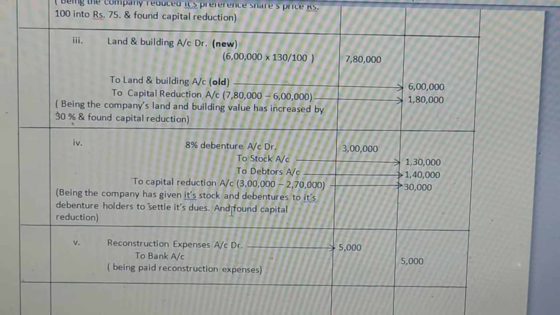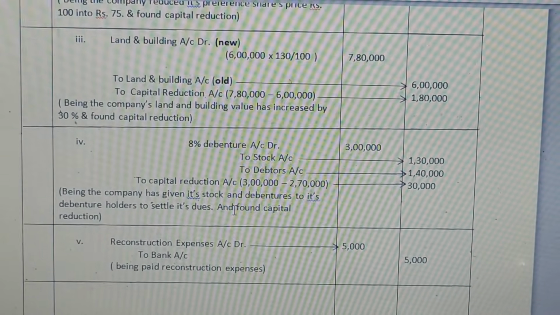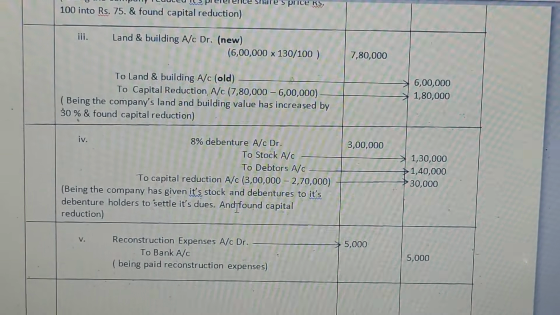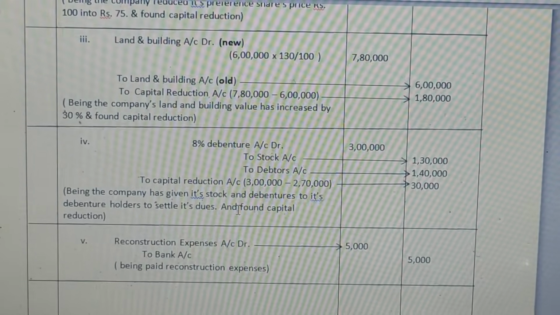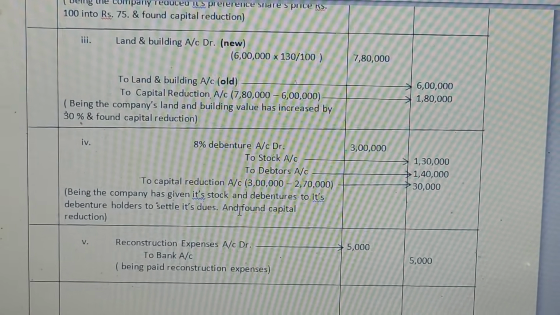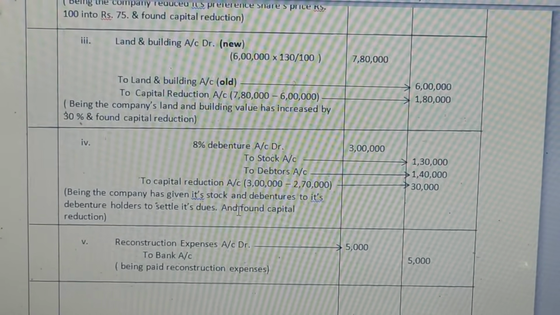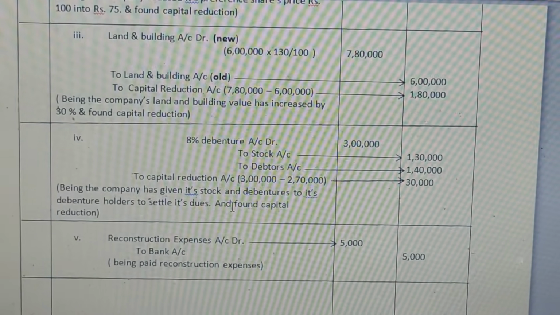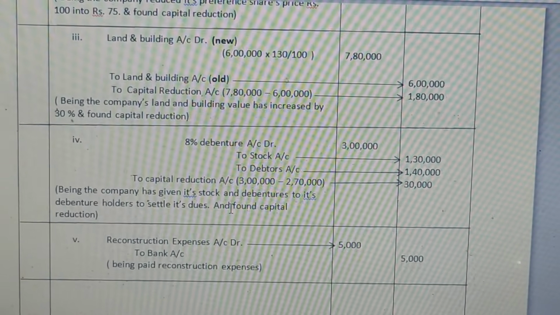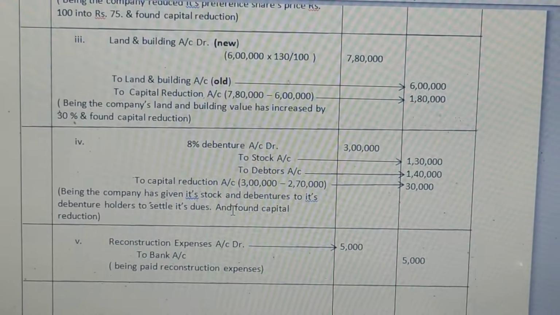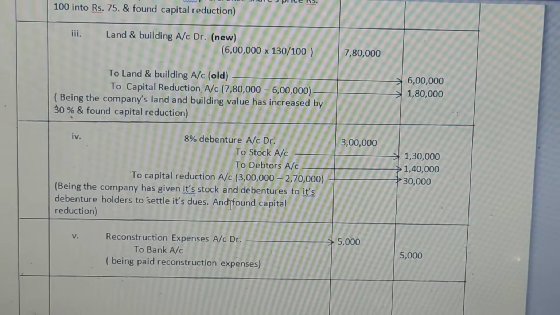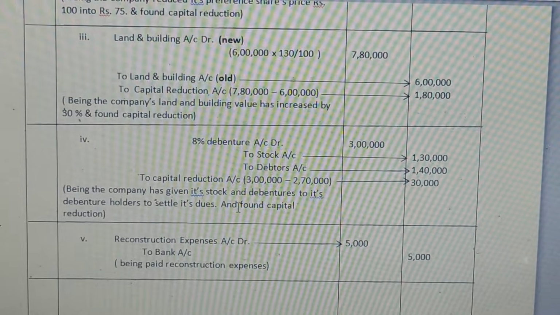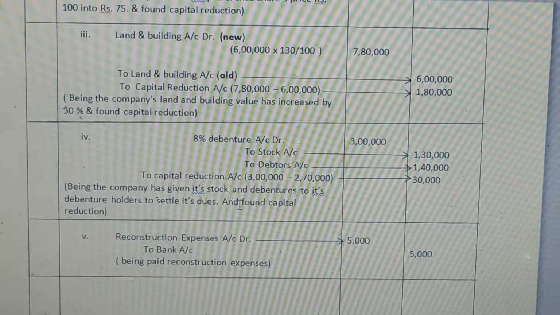In bracket, being the company has given its stock and debtors to its debenture holders to settle its dues, and also we found capital reduction. It means the debenture holders took over the company's stock and debtors value for compensating their dues. The left value will be called capital reduction.